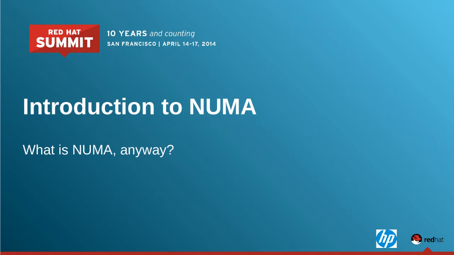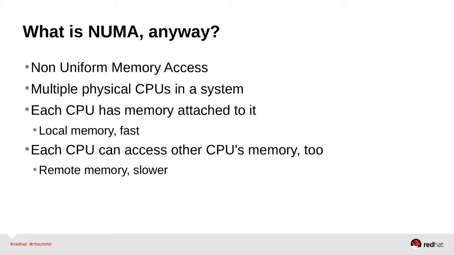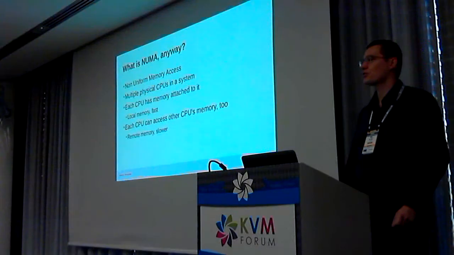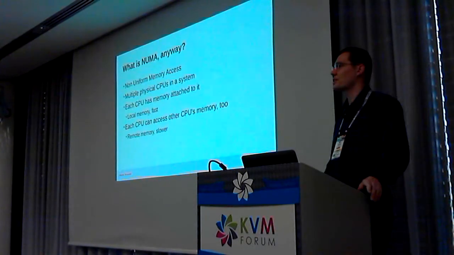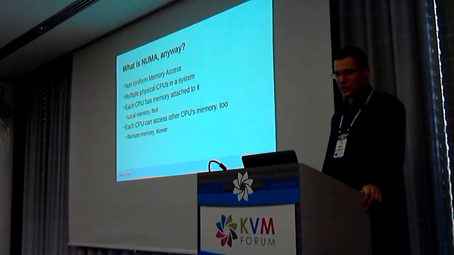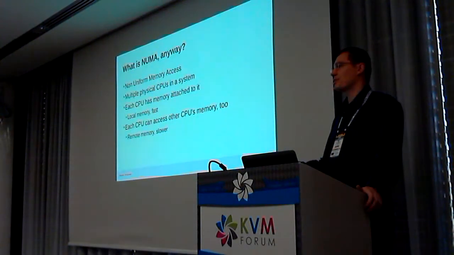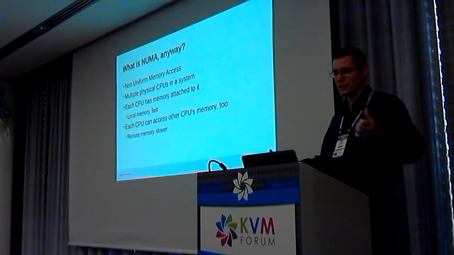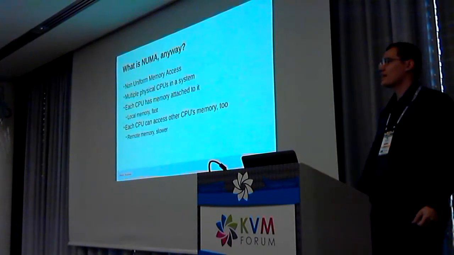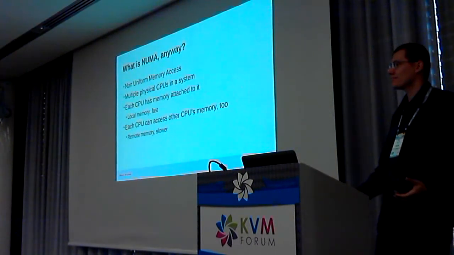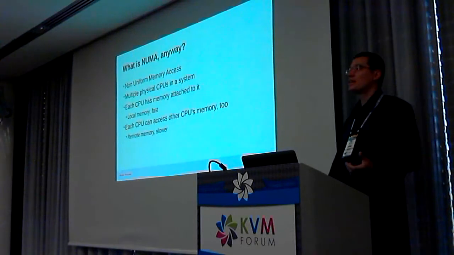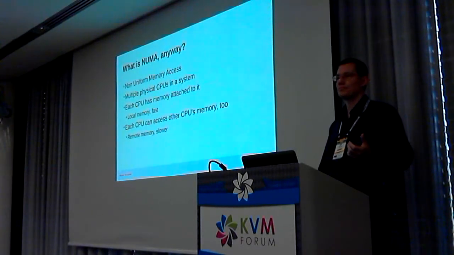Well, what is NUMA? NUMA is an artifact of modern systems. Larger systems from SGI have had it for a while, but in modern systems, the memory controller is built into the CPU. So the moment you have multiple CPU sockets in a system, you have a little bit of memory near one CPU, a little bit of memory near another CPU, and they can each access their local memory quickly, but memory on the other side of the system is significantly slower.